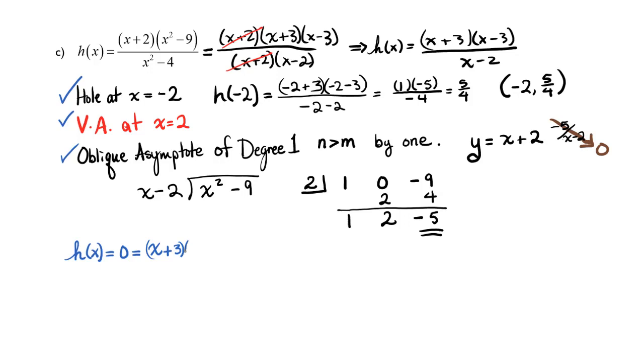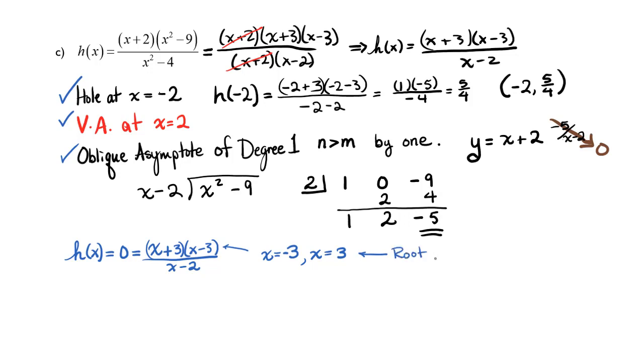These are the roots or zeros of the rational function. We can find those by looking at the numerator. So we have x equals -3 and x equals 3. These are the zeros or roots. This is where the function will cross the x-axis.